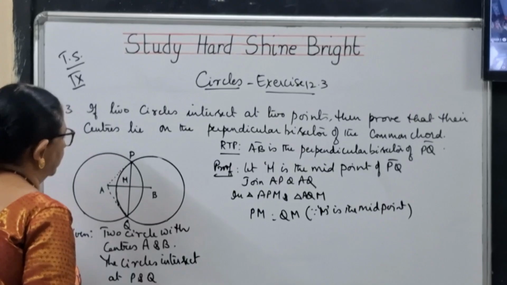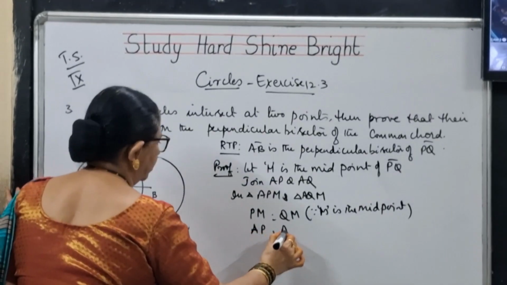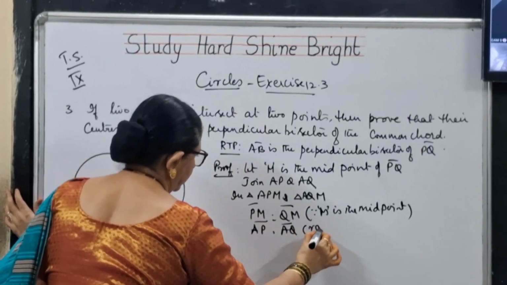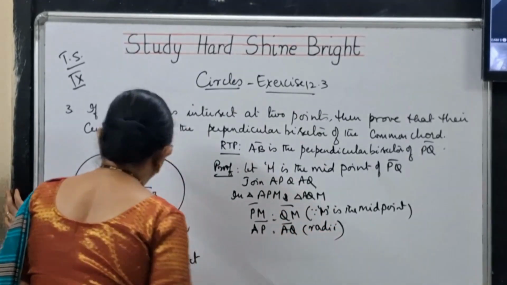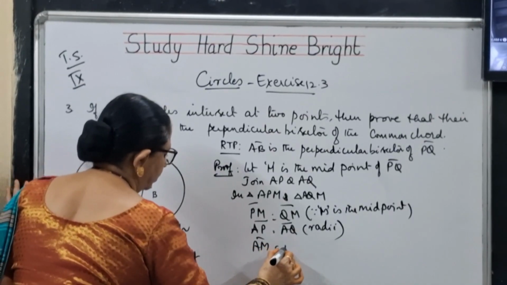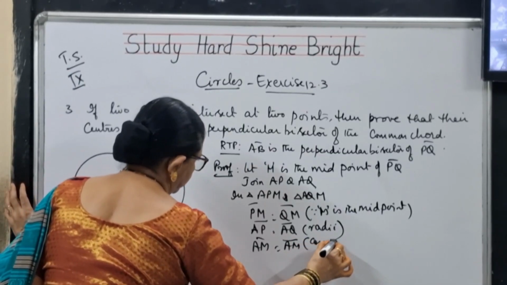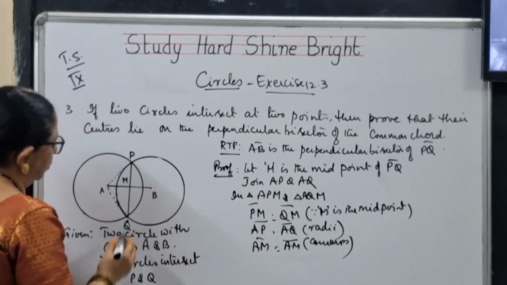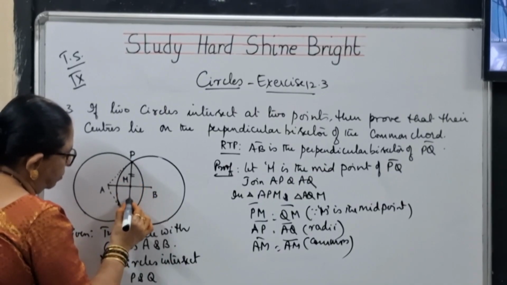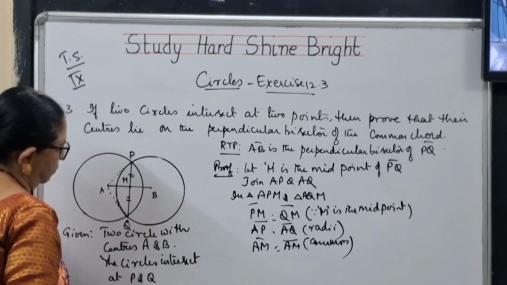Therefore, PM is equal to QM and AP is equal to AQ because they are radii. AM is equal to AM, common. So these two I am making them as equal.